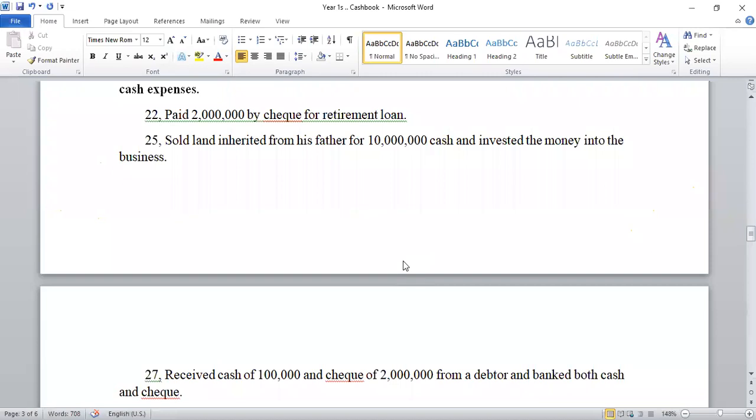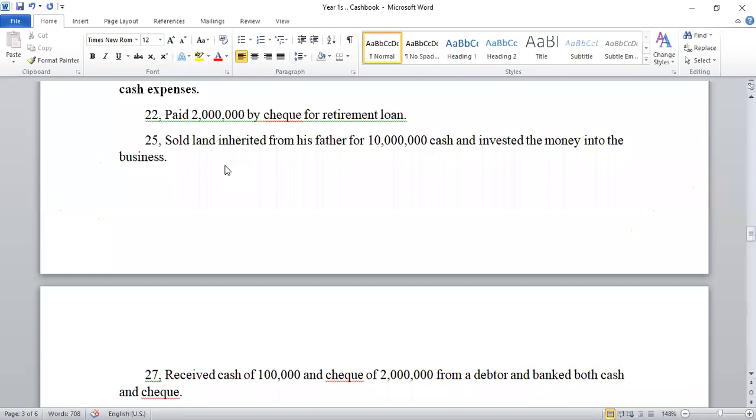25th, you're saying we sold land inherited from his father for 10 million cash and invested the money into the business.